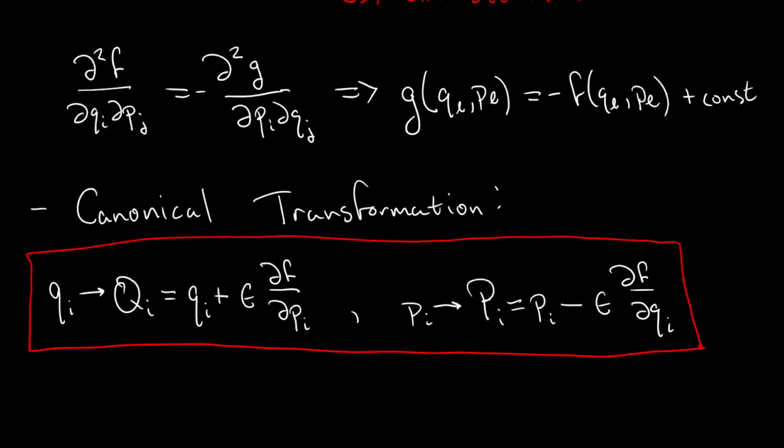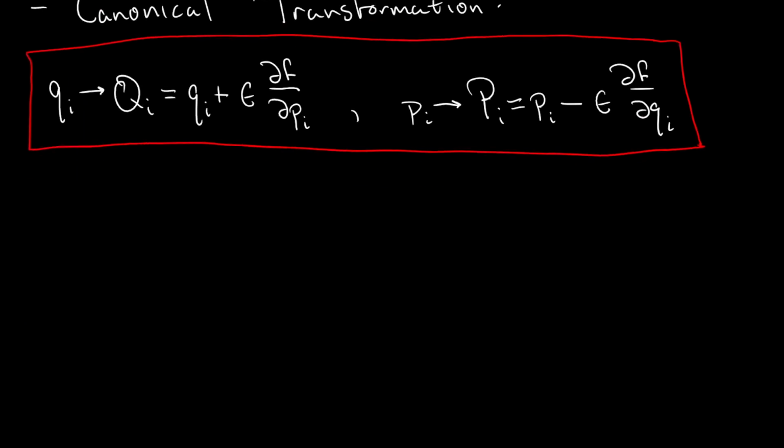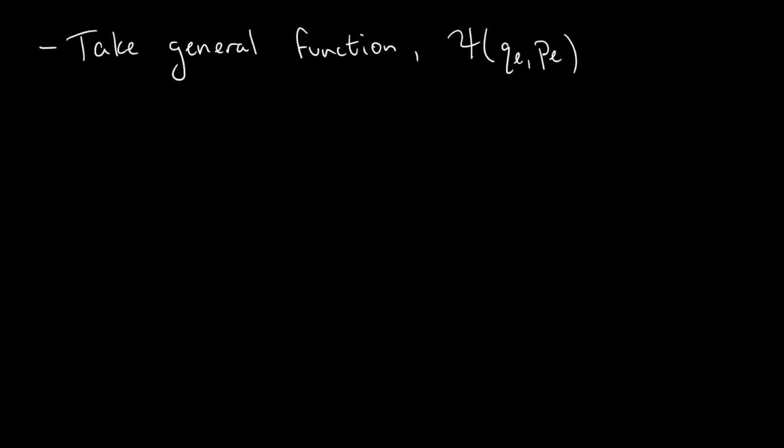So here's what I'm going to do. We're going to look at what happens now when I do one of these canonical transformations for a general function. So I'm going to take a general function, and I'll call it psi of q sub l, p sub l, just because I'm running out of names of functions, so might as well go to Greek letters.